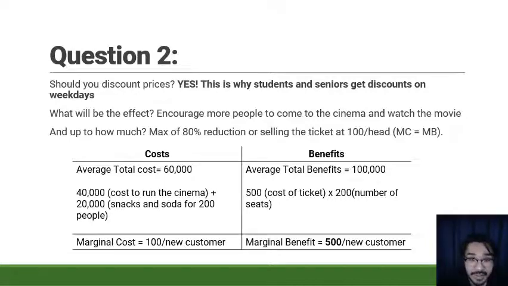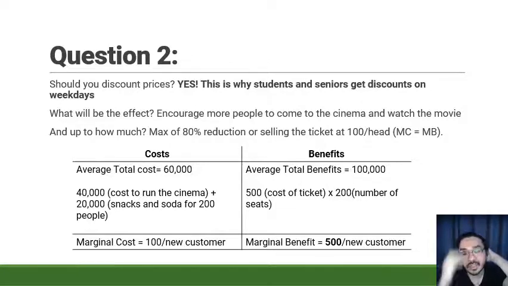And based on the current example, you can actually reduce it up to 80%, or essentially selling the ticket equivalent to the cost of providing snacks and soda, which is about 100 pesos per individual. So optimum allocation happens when the marginal cost of something is equivalent to the marginal benefit.